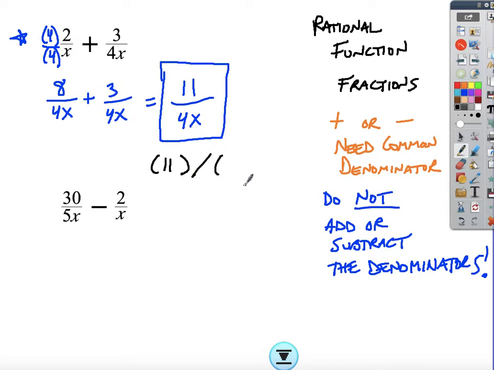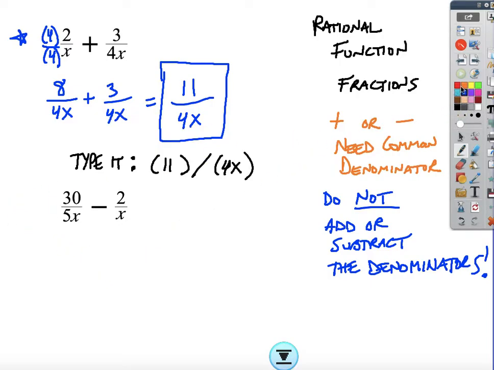And then you're going to have parentheses around the stuff on the bottom, the denominator, 4x. So that's how you're going to type it in the computer. Okay, parentheses around the top, slash, and then parentheses around the bottom. And I'll keep reminding you of that so that you're ready for that on the Google form.